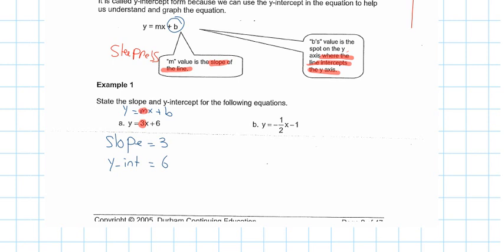Okay? If b is y and m is x, or m is m, what's going on with the letters? I'm confused. Okay. So if you look at this, y is always going to be y, and x is always going to be x. Y and x, they have to be.